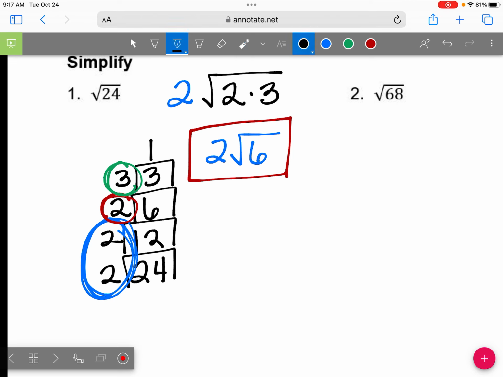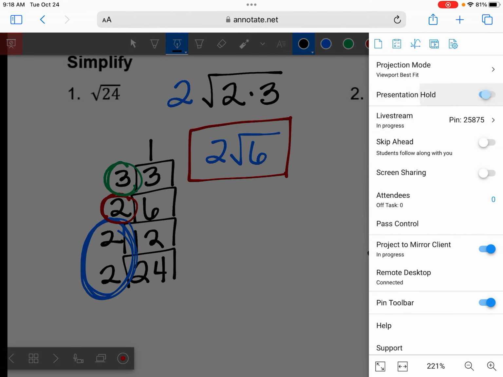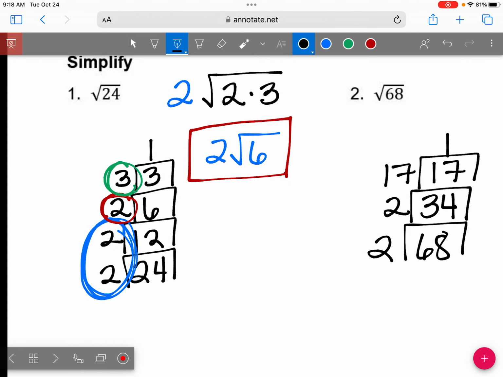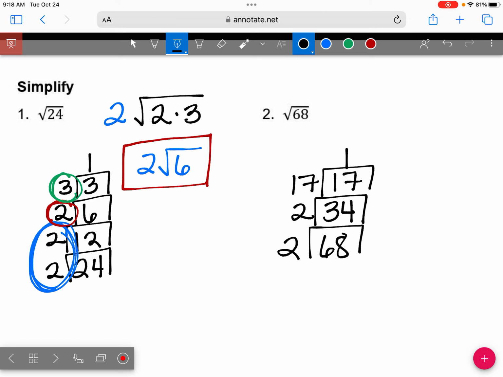So we know that it's even, which means we can start by dividing it by 2. So do you have a pair of the same numbers that can come out?